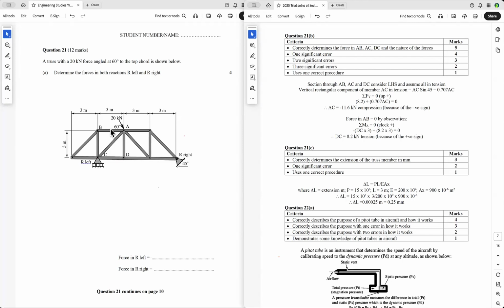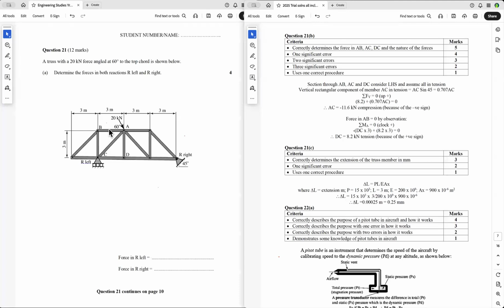So 1, 2, 3, 4 of these are redundant members. So let's do AB. Force in AB equals zero by observation, or if you want to, when you find out the force in this member, you can take moments about there and you'll see that it will be redundant.